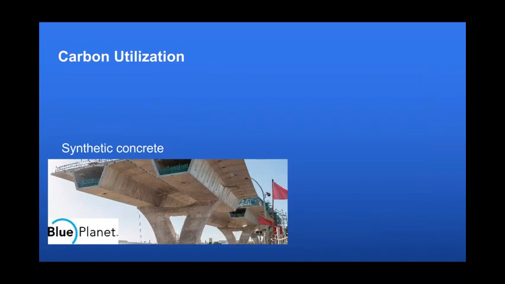Synthetic concrete is one. There's this company called Blue Planet that just got a $400 million investment to continue what they're doing. They're actually using carbon from CCS right now, but they could do it from DAC. They're getting the carbon from the air, and then they're building concrete using that carbon.